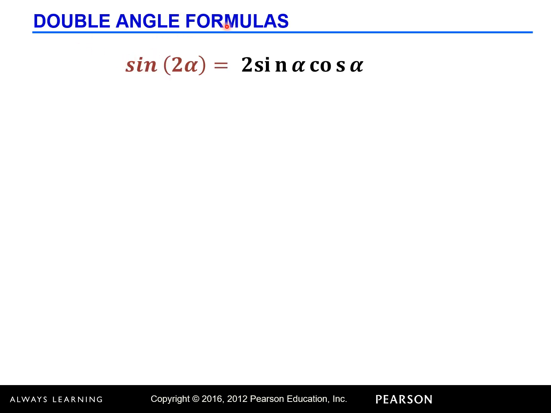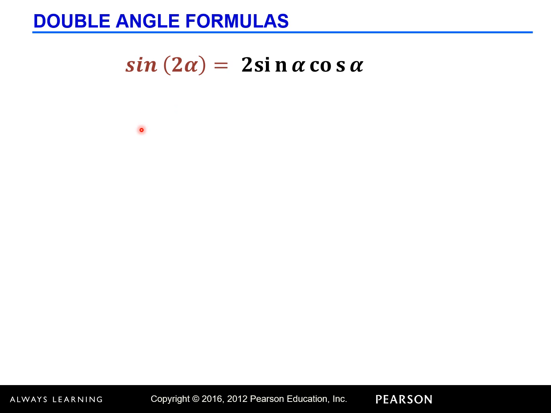Now for the double angle formulas. The double of alpha means 2 alpha. So we have sine of 2 alpha, which is equal to the product of 2 sine alpha and cosine alpha. This sine 2 alpha is derived from the sum and difference angle formula, but we will not derive it anymore. So you need to memorize this sine 2 alpha and any identity, because we will not give any formula sheets in the exam.